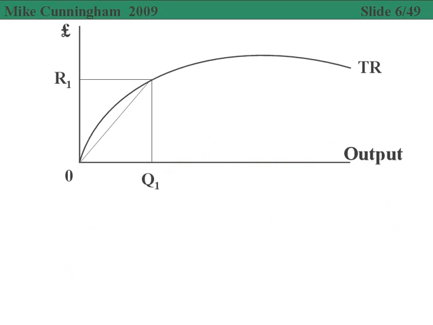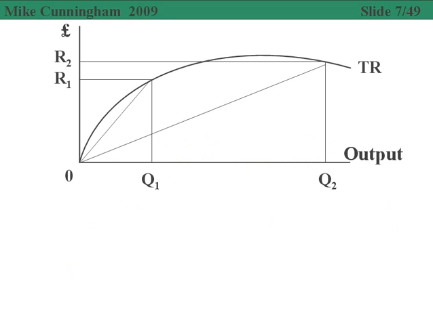So the revenue is R1, the output is Q1, the sales are Q1. Now if we take a different level of output, say Q2, the revenue associated with that will be R2. So you can see that as output is increased, the revenue is increased, but proportionately less.